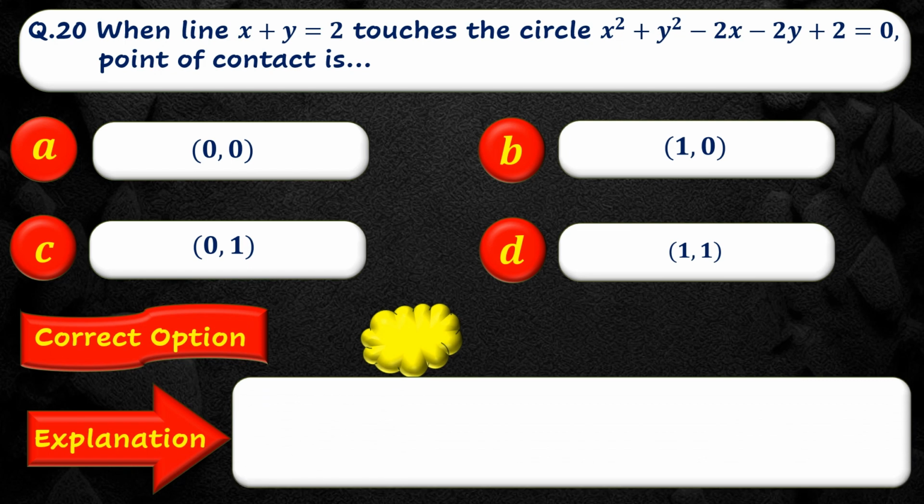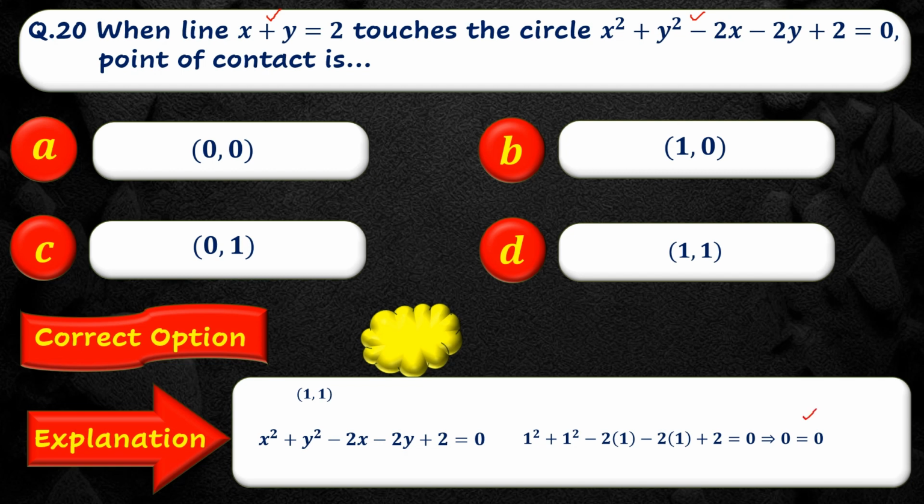As these are points of contact, these points must satisfy the equation of the line and the equation of the circle. We check the point (1, 1) and see whether this point satisfies these two equations. First we consider the equation of the circle and put x = 1, y = 1, and we get 0 = 0.